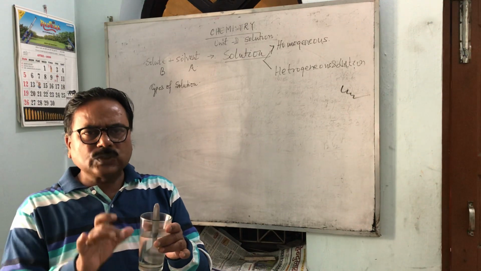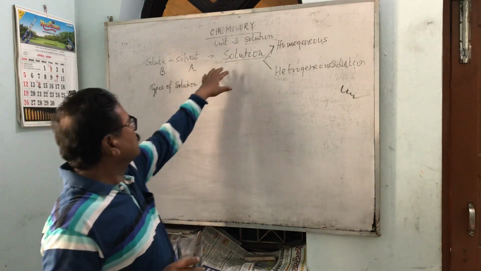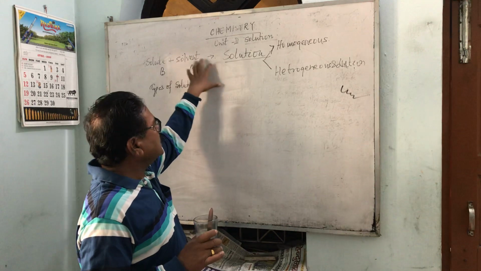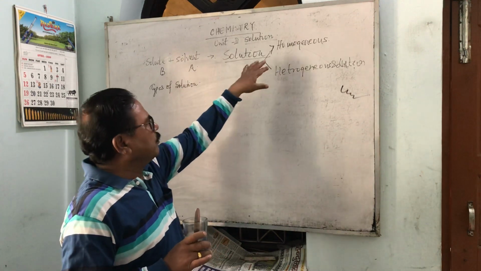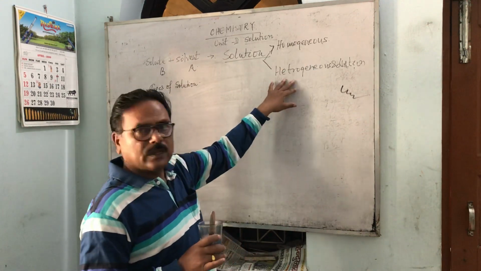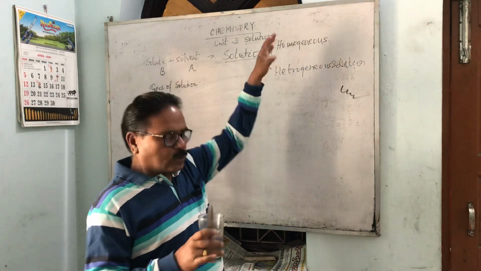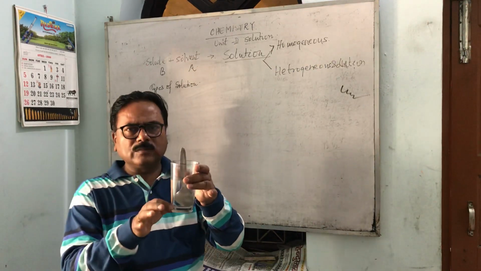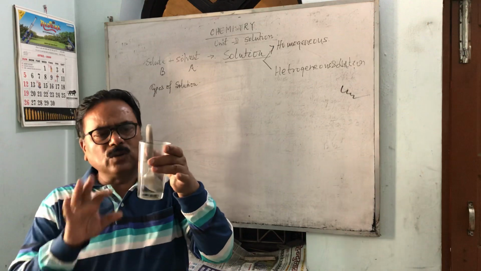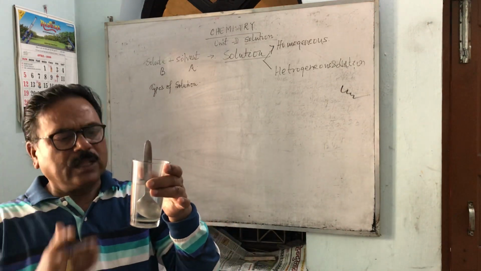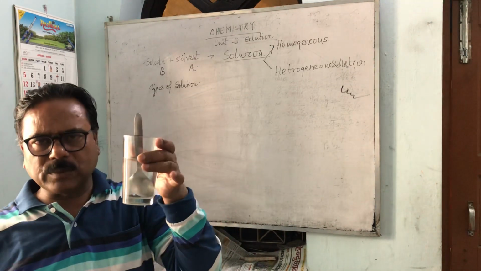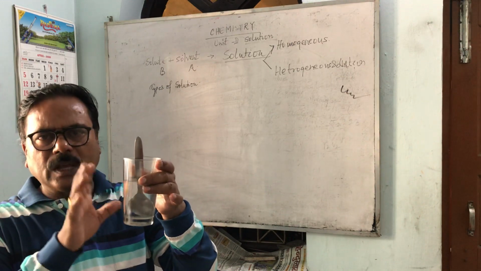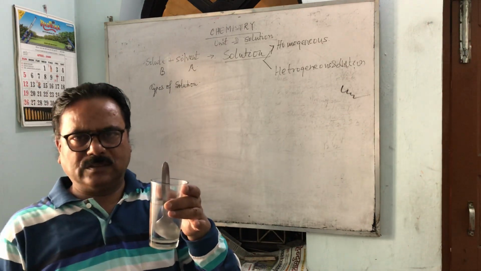These together form a solution, and solutions may be homogeneous or heterogeneous. Here the solution formed is called a homogeneous solution, because there is no distinct boundary of separation between the solute and the solvent.